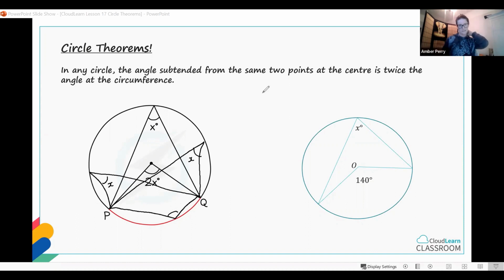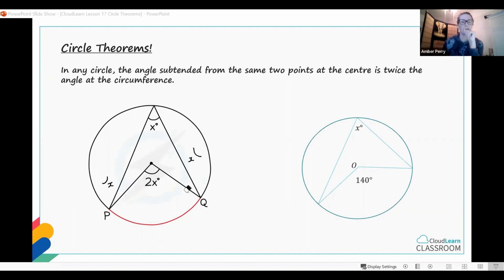Oh, no, that one actually wouldn't work because it would have to go through the line. So it could be like here. That would be it. So it could go like that. So just not opposite, but anywhere from there to the circumference, so that is always going to be double that angle.